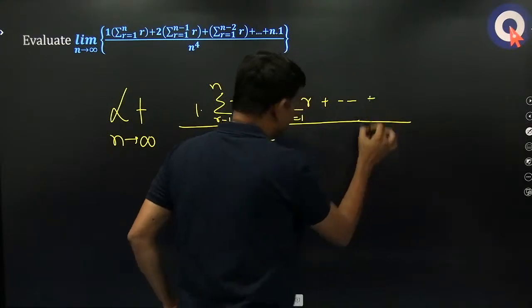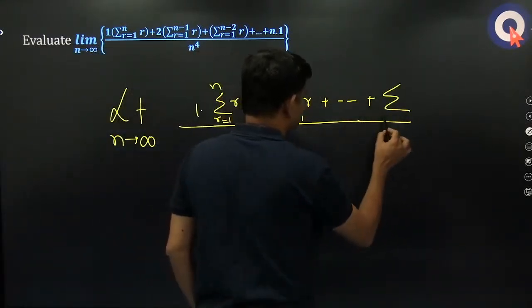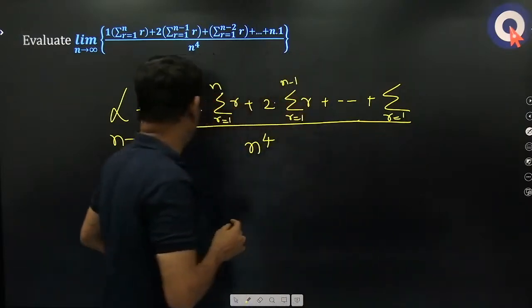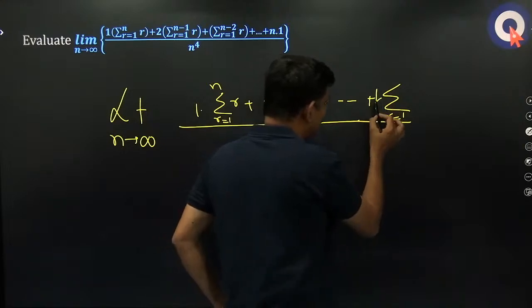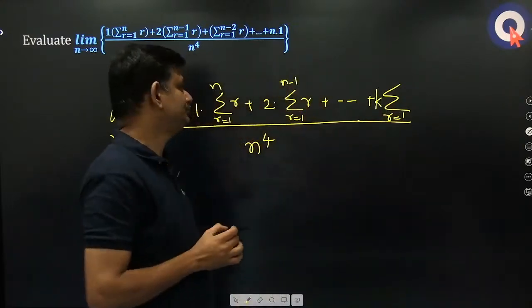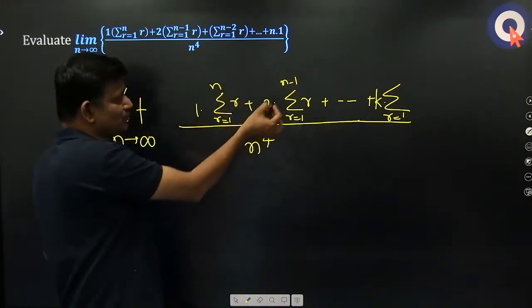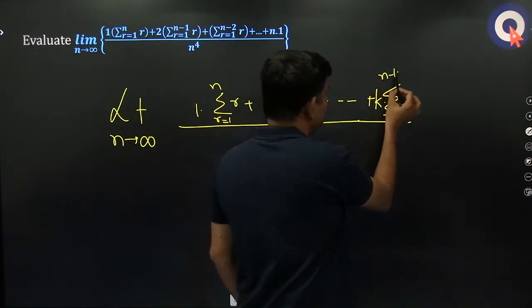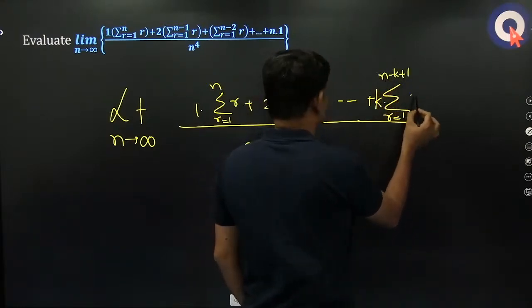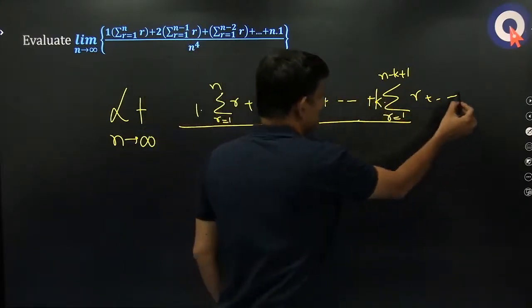What will be the general term? The general term will be sigma r from 1 to, the first term has 1 into, the second term has 2 into, so the kth term will have k into. If it is 1 here, n minus 0, 2 here, n minus 1, 3 here, n minus 2, so n minus k plus 1, r. This is your general term. And in the last, how much is left? n into 1.